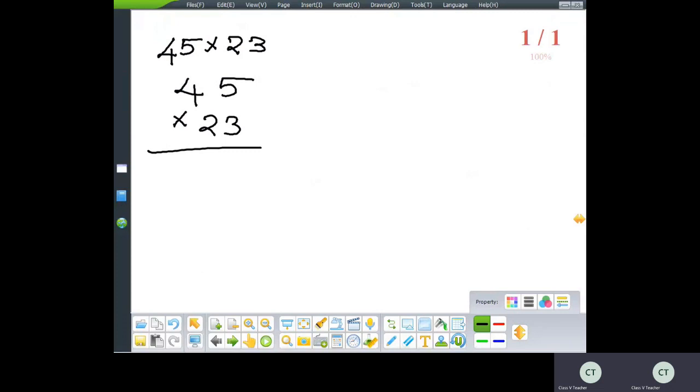Firstly, 45 I will multiply by 3. I'll do here itself, children. 5 3s are 15, 5, 1 carry. 3 4s are 12 plus 1, 13. So 135. Then first column 0.